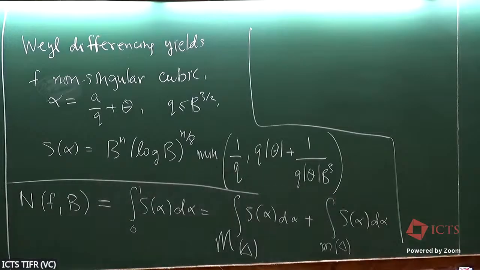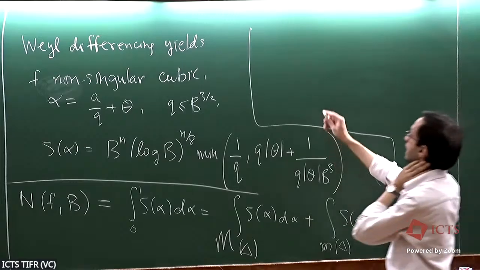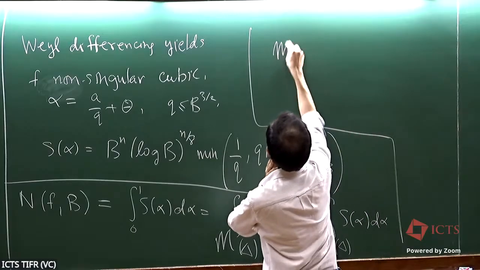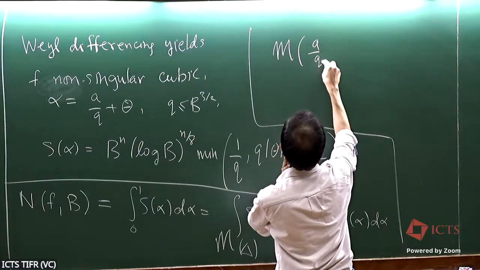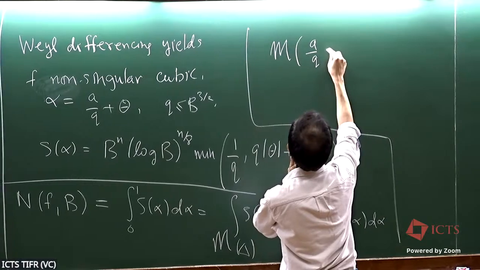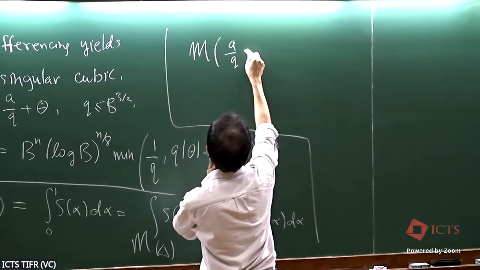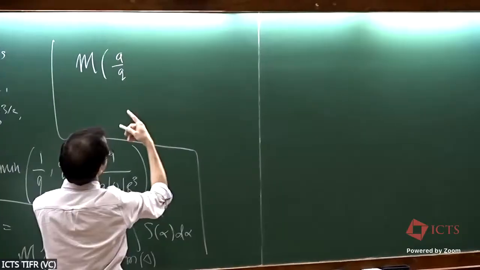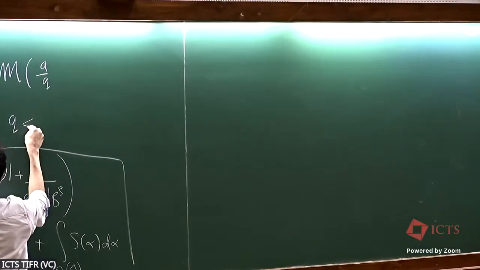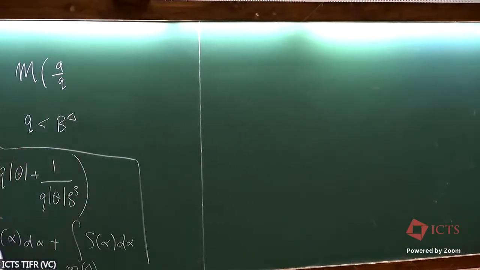That's the analysis we have done. If you remember how we had chosen the major arcs, they were given by a over q, around the small q. So q is less than some B to the delta, right?